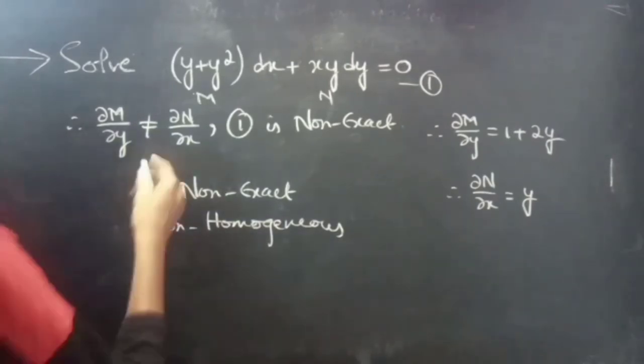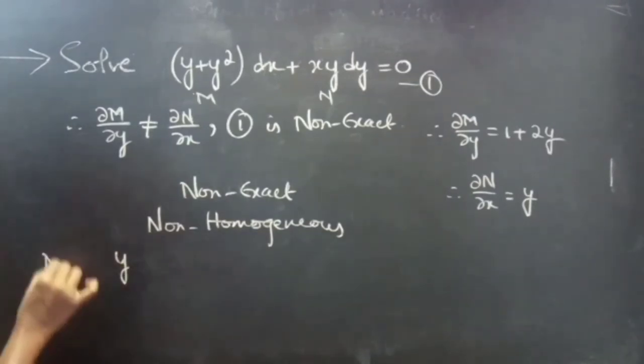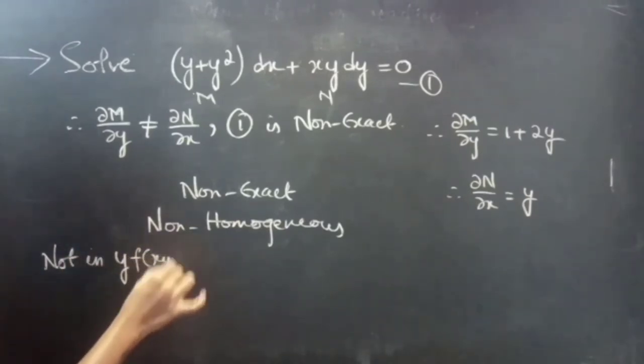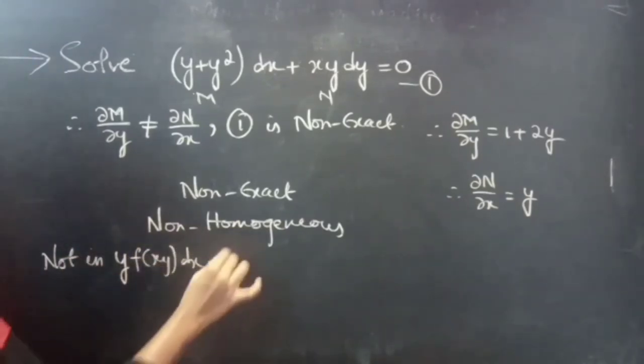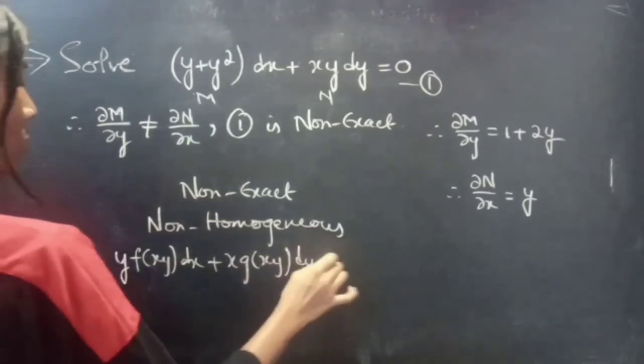And also the given equation is not in the form y f(x, y) dx + x g(x, y) dy = 0.